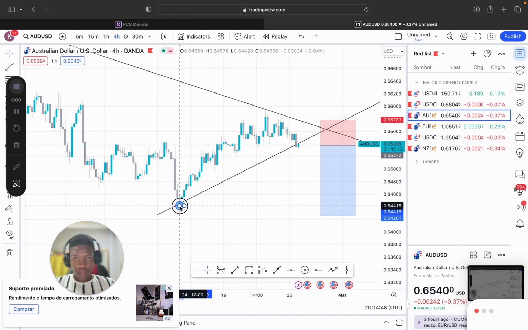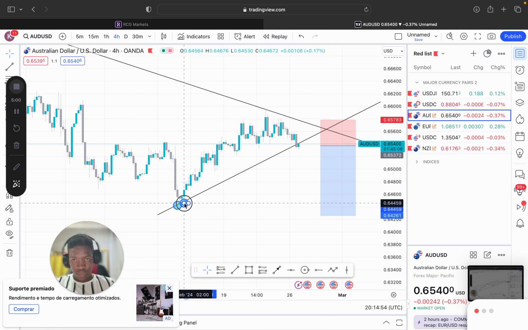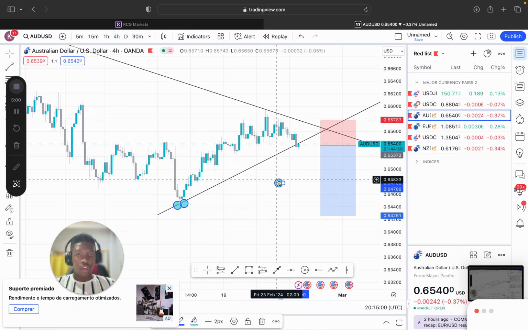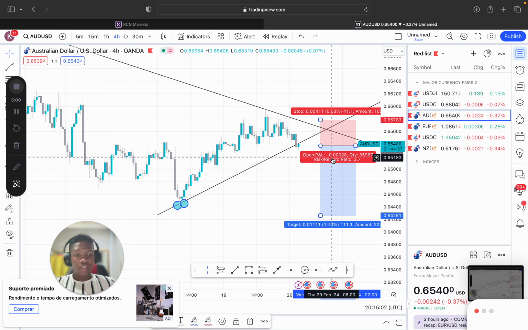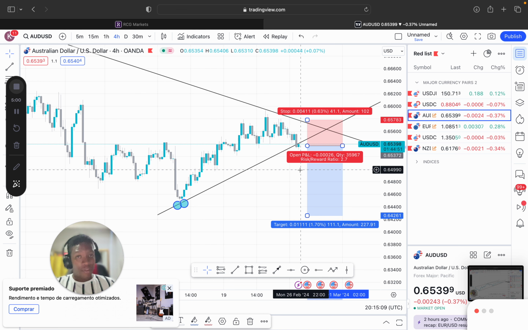We have one, and then we have two. So we have 2 very close ones right there, and we were supposed to have our third one, but eventually it broke. So as I mentioned, if the market breaks on the third touch line, only on the third touch line, once it breaks, it indicates that it's changing direction, right?